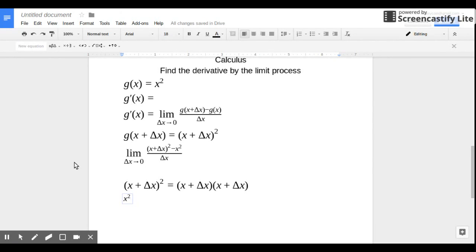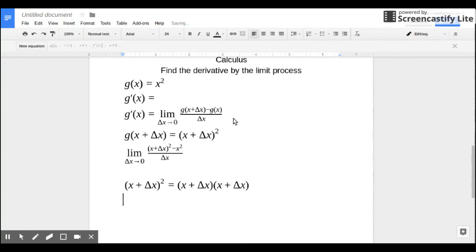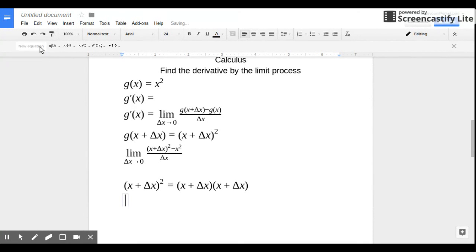The font went down to 18, and we want to keep it a little bit larger. Okay, it looks like it's going to stay.